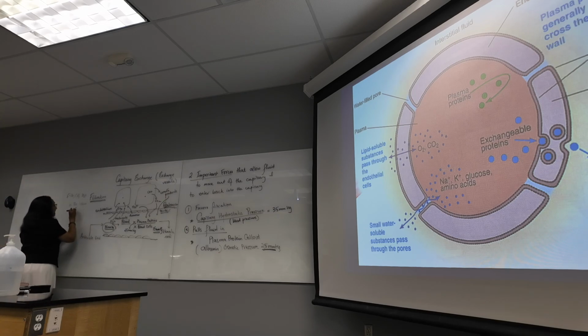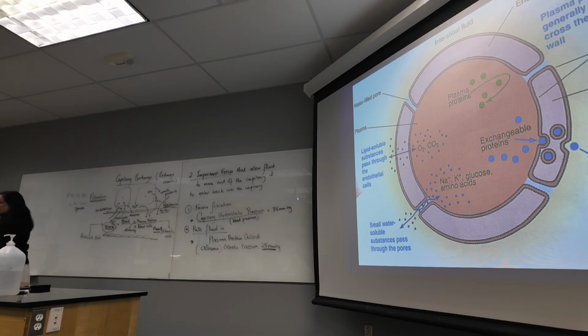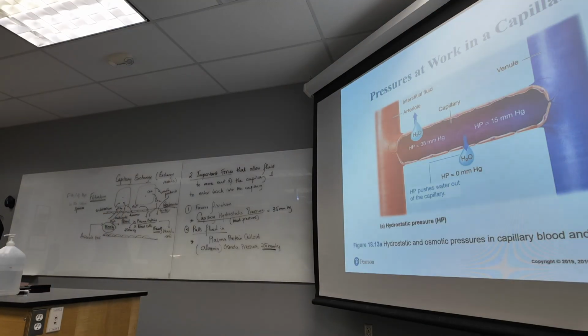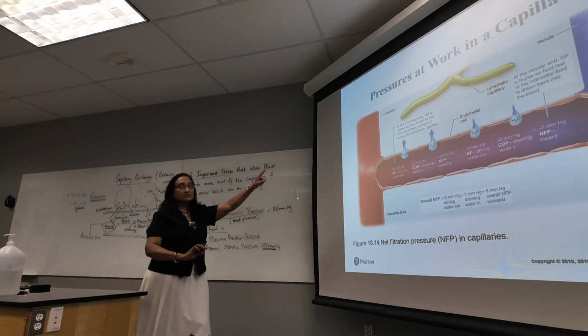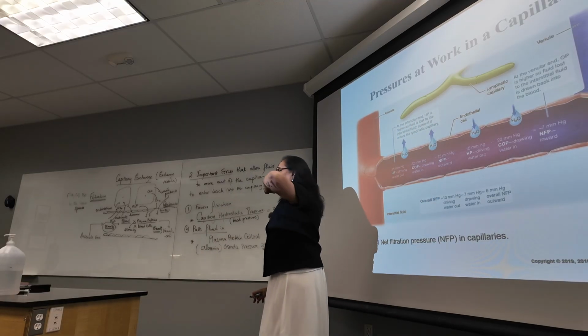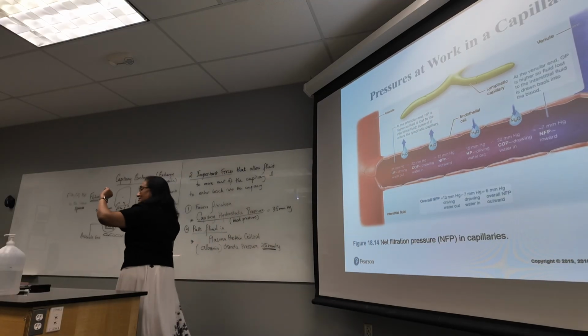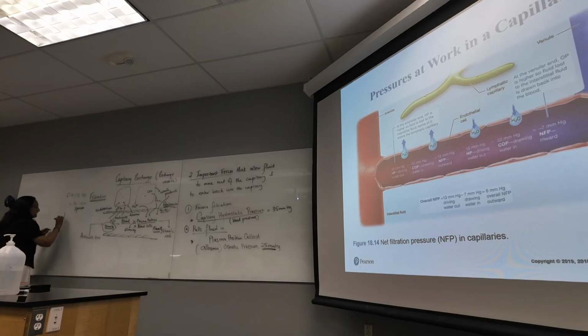So this 5 to 10% of remaining water in the tissue spaces is taken back through another system of vessels called the lymphatic vessels. So lymphatic vessels, these are tiny vessels that are found in the tissues, and they return this extra water back into the veins.